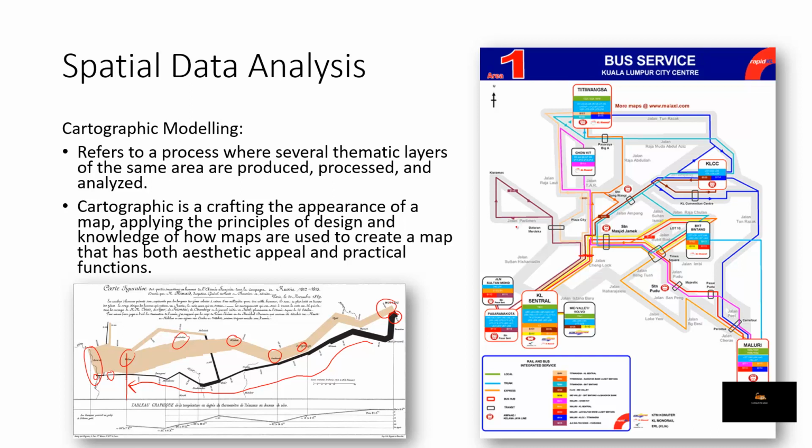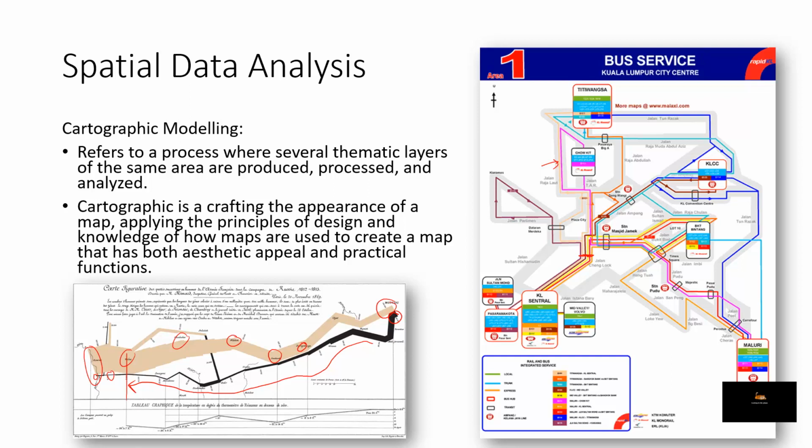No, this is just to make things easier to understand, just at one look, right? You can understand which line you need to take by the color representation, and the shapes represent the areas that it is passing through.